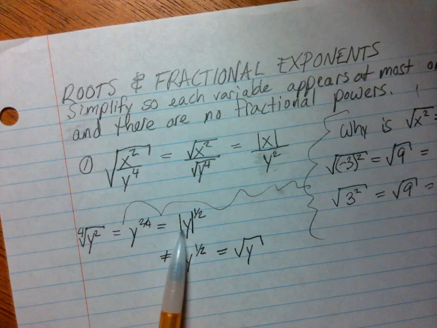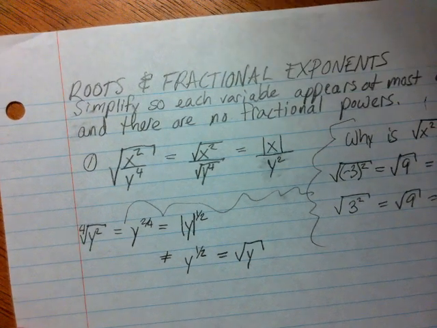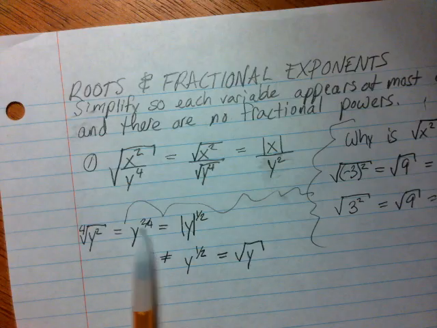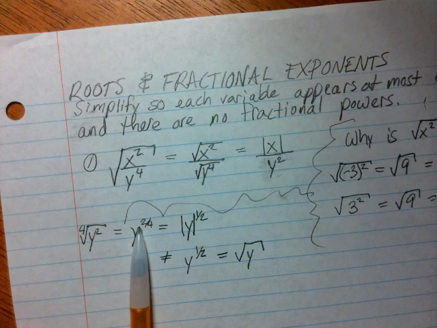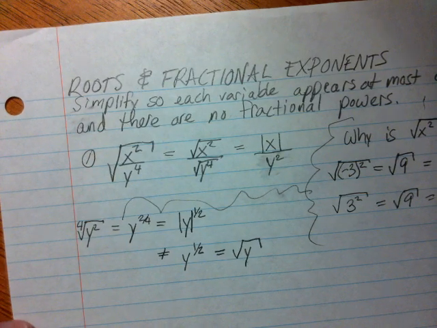But it's actually this, the absolute value of y to the 1/2. So this is a really annoying thing that happens whenever you have an even power inside an even root, or to say it the same way, you have a factor of 2 in the top and bottom of a fractional exponent. Something you frequently have to worry about.